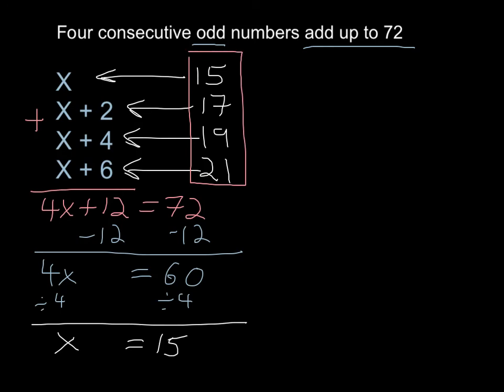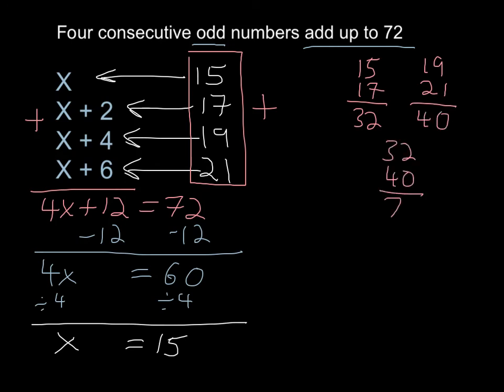In order to check it, I sum them all together. 15 plus 17 is 32. 19 plus 21 is 40. 32 plus 40, 72. And that's what I want it to be.